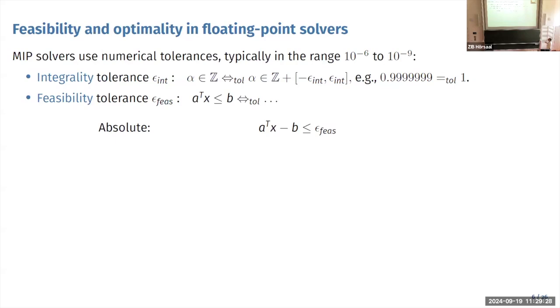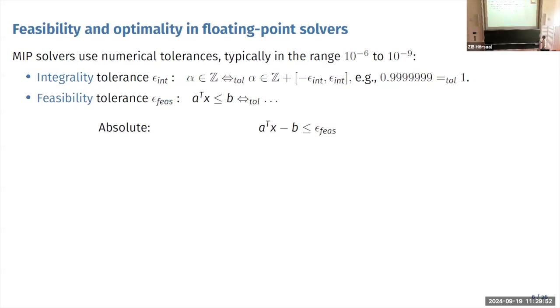But you will immediately notice that if the values here become very large, so for instance, if the right-hand side is 10 to the 9, 10 to the 10, or like some really large numbers, it may not at all make sense anymore to compare this to an absolute tolerance.